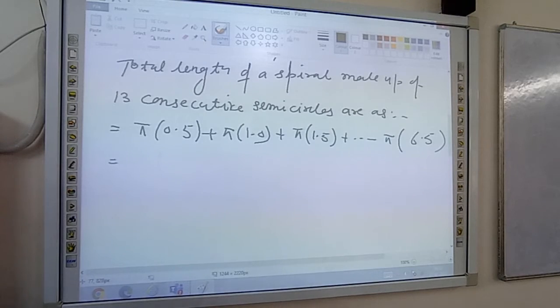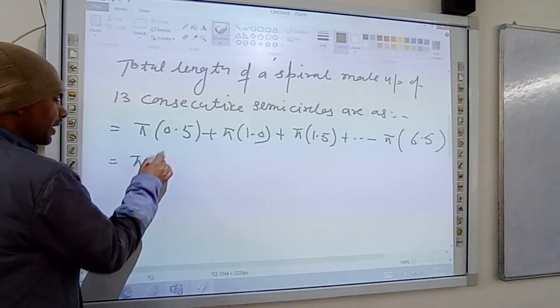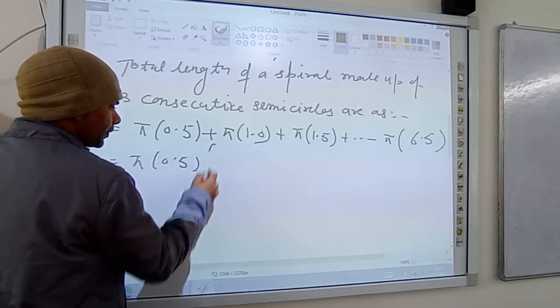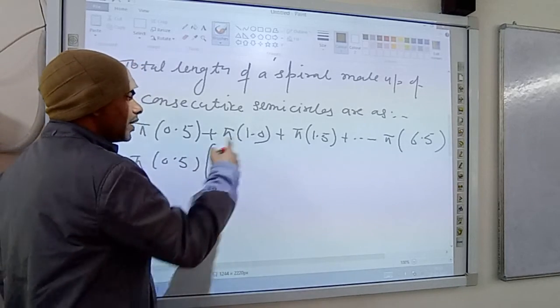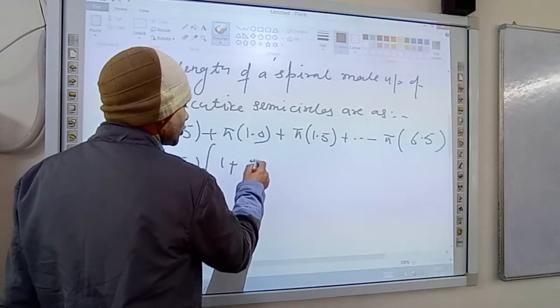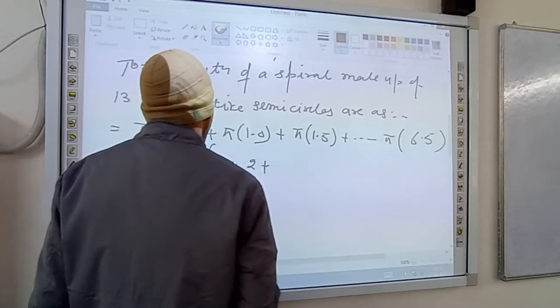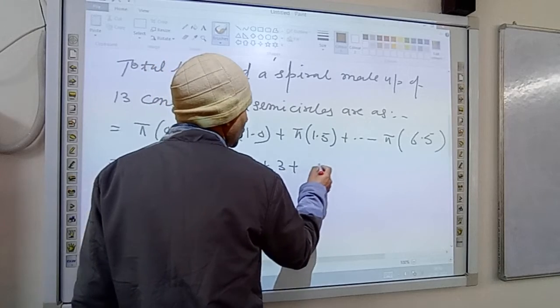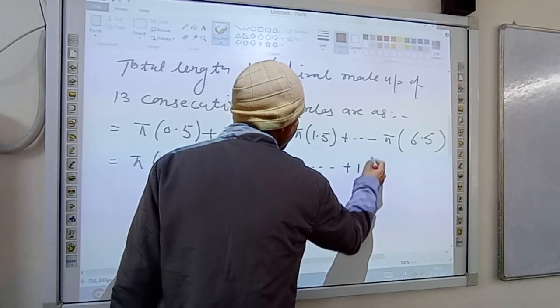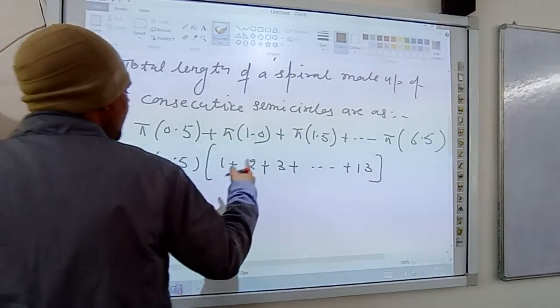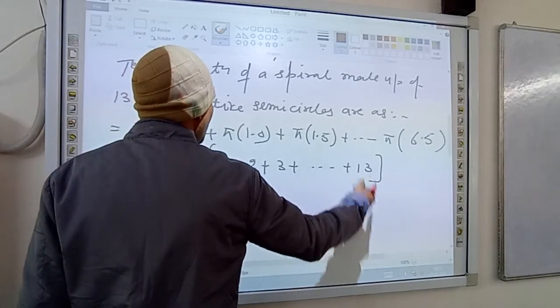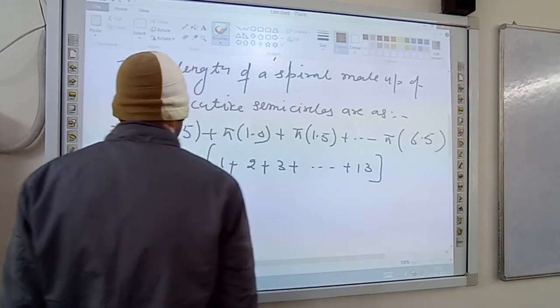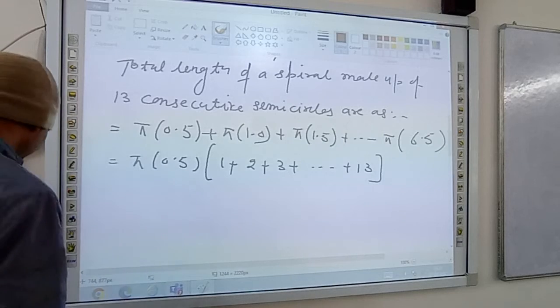Now we'll take pi and 0.5 as a common factor. It becomes 1. Now 1 divided by 0.5 becomes 2. Now 1.5 divided by 0.5 becomes 3, and so on up to 13. So 1 plus 2 plus 3 plus dot dot dot up to 13 becomes an AP.